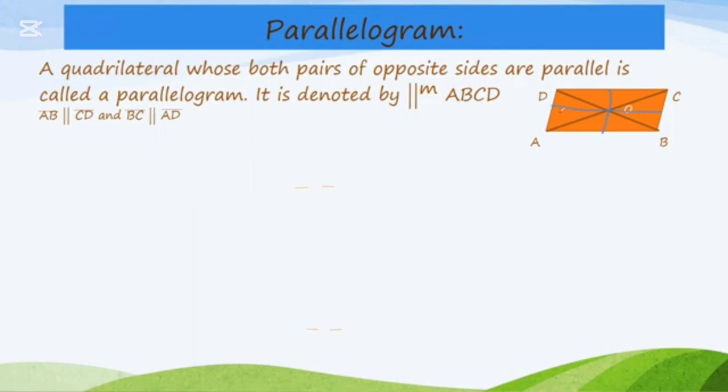So this quadrilateral is called a parallelogram, having opposite sides parallel. So symbolically, we can say that side AB is parallel to side CD and side BC is parallel to side AD. Am I right? Okay.